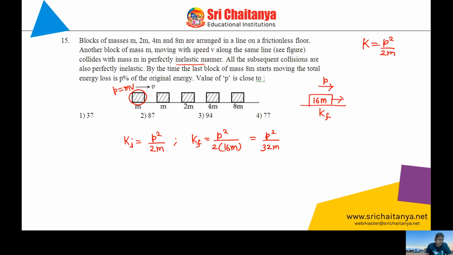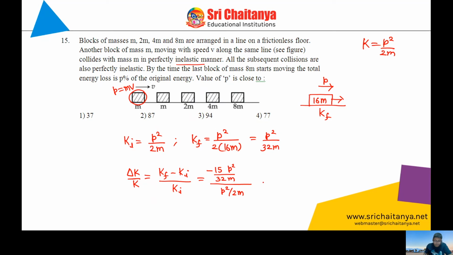And we are required to find delta K by K, the percentage change or the percentage loss of energy. So delta K by K will be equal to Kf minus Ki upon Ki. The numerator will turn out to be minus 15 P square by 32m, and the denominator is straightforward, P square by 2m.